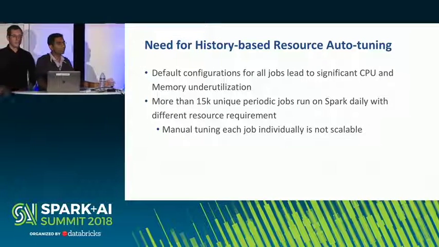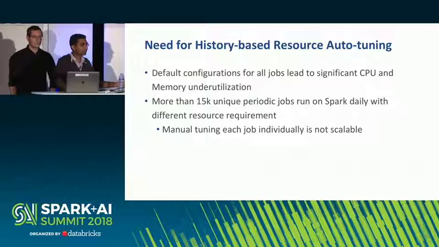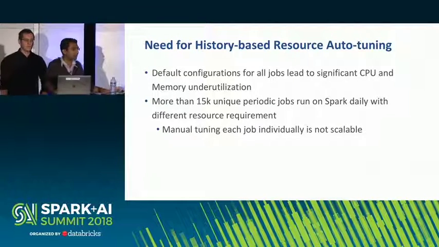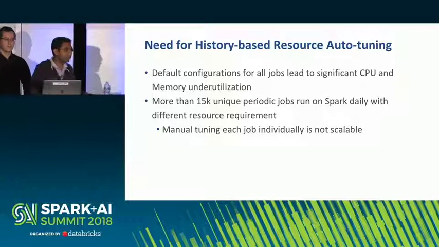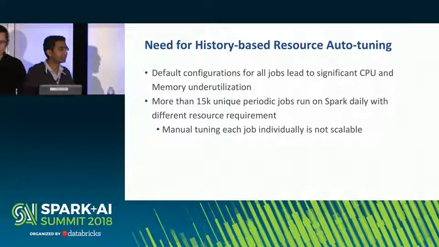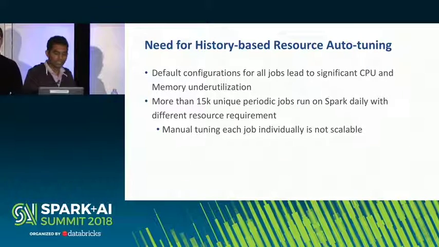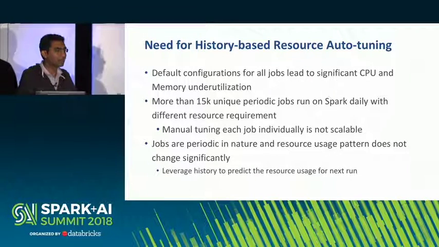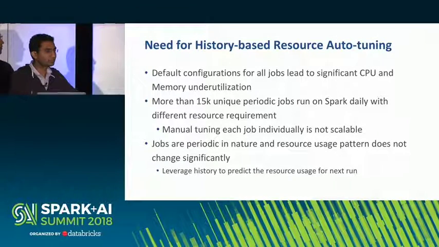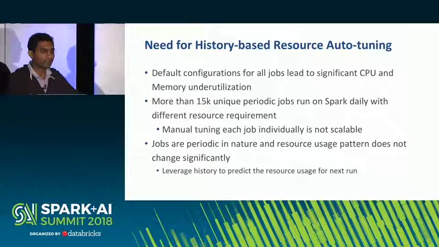Of course, you can run the jobs individually, take a look at the resource usage, and based on that, tune various parameters to make your jobs more resource efficient. But in our case, where we are running thousands of unique jobs daily, it's just not scalable for us. So instead, what we resort to is auto-tuning of resources for our jobs.